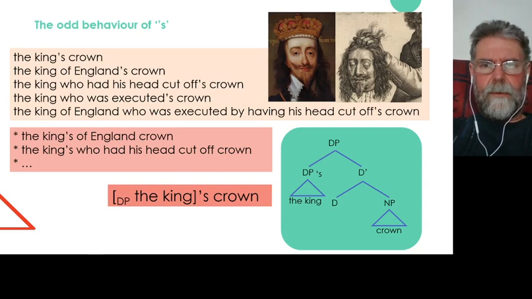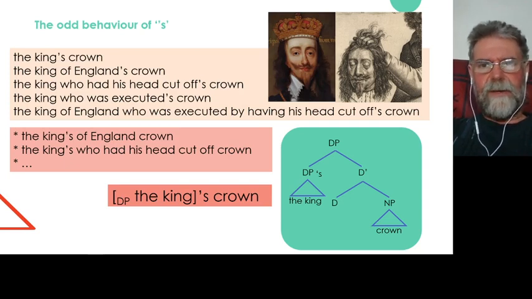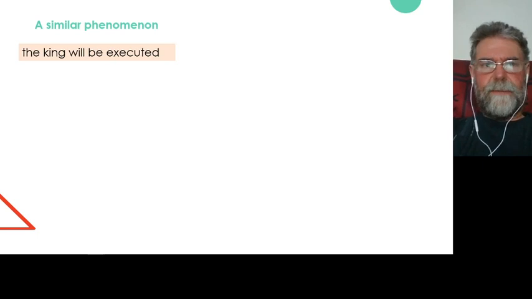Now, to get a better insight into what this thing actually is, we have to look at some other phenomena, because English actually does show other phenomena which are remarkably similar to what's going on here with this possessive S marker. To see this, we have to turn to the clause. Take a sentence like, the king will be executed.